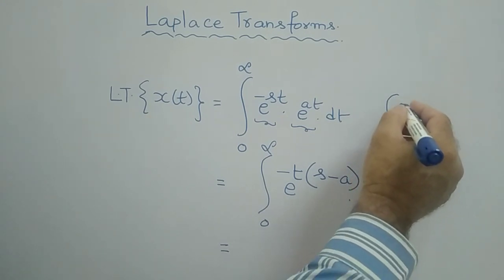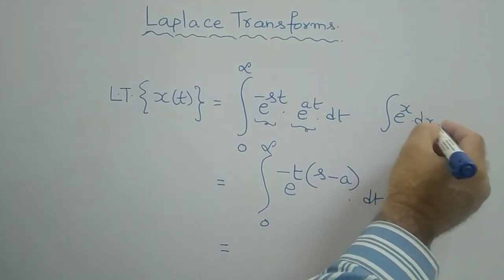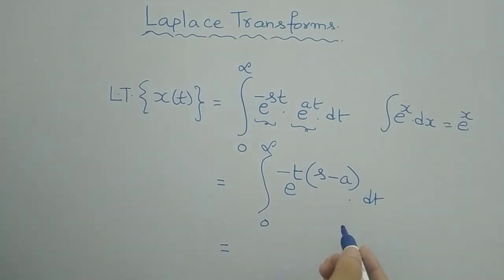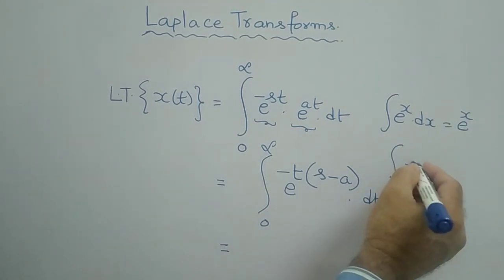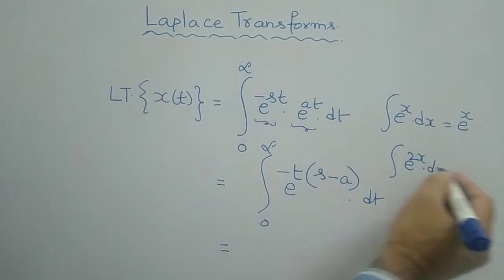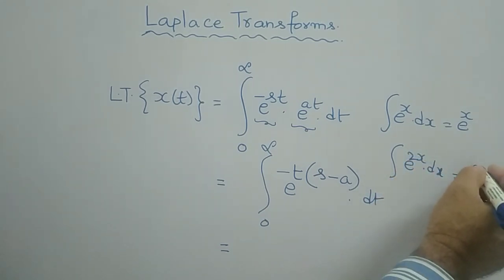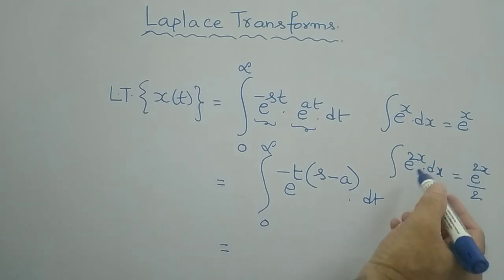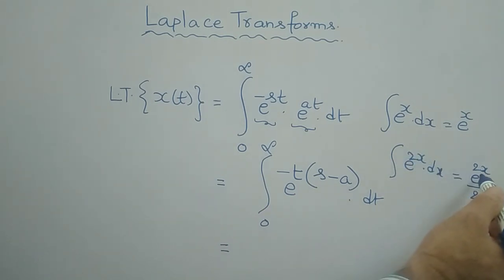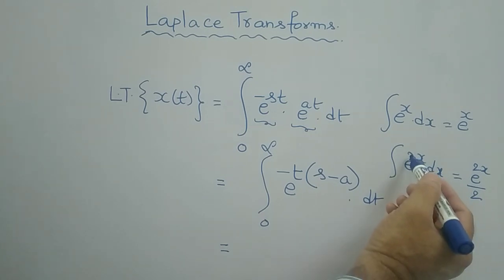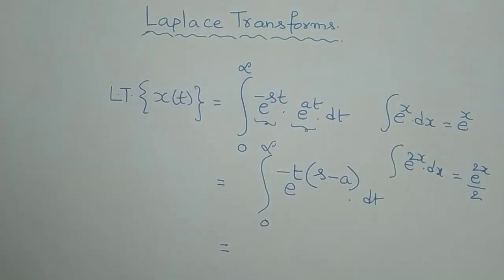The integral of e^x dx is equal to e^x only. So the integral of e^(2x), let us say, is nothing but e^(2x)/2. Clear? Like that. For 2x we have to take the integral, so 2 will come, but it comes in the denominator.